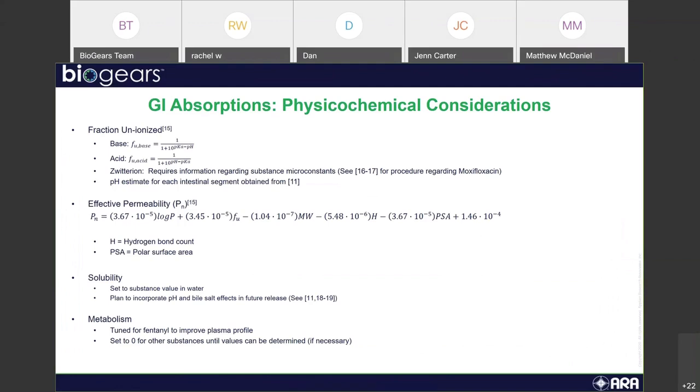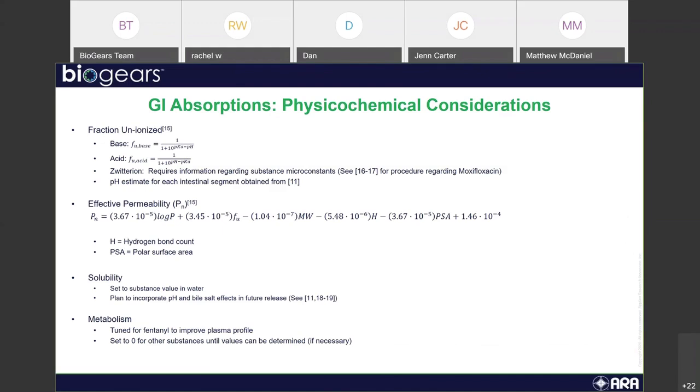So the fraction unionized depends on whether the drug is an acid or a base. We do have Zwitterion support. That is a little more difficult because it requires some very specific information regarding what are called microconstants.